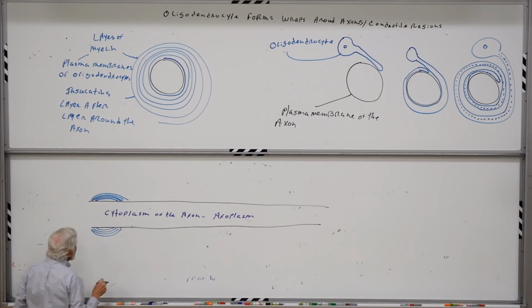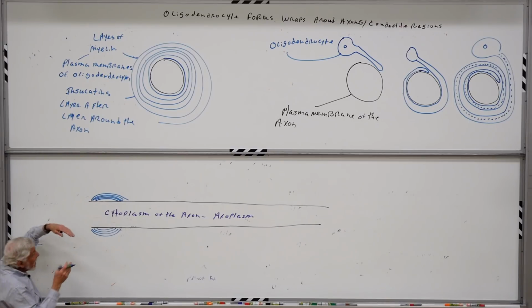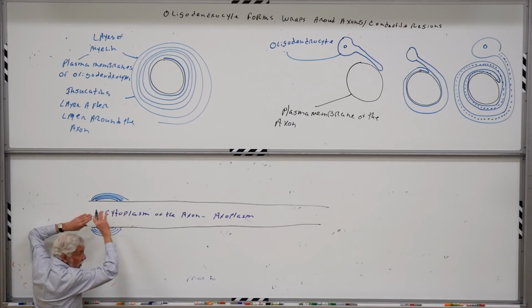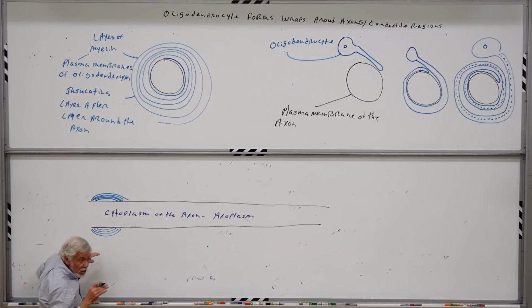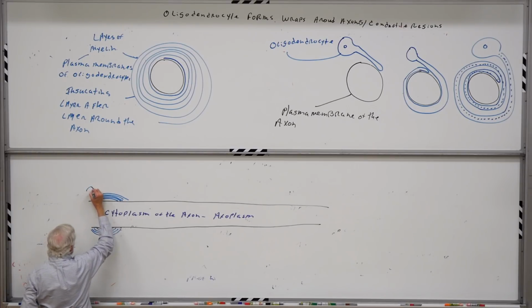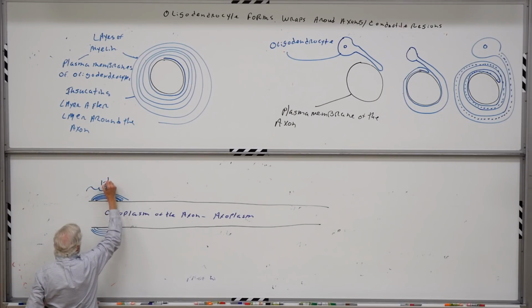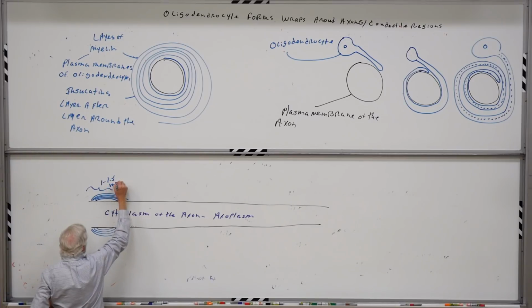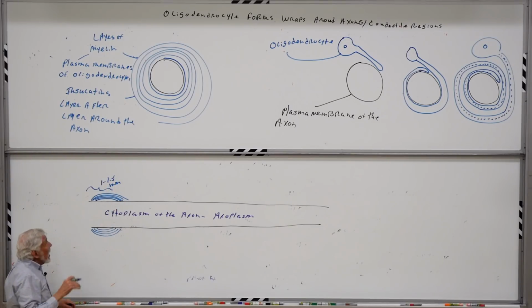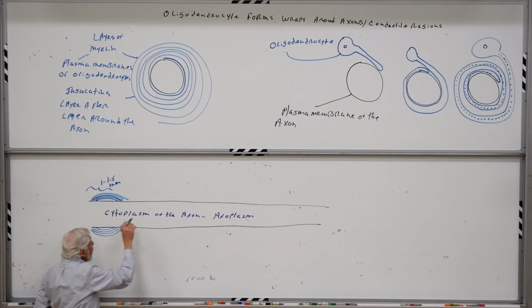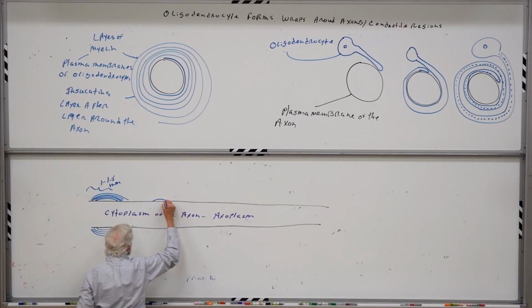And what we find is that if we think about the distance along the axon that these oligodendrocytes extend, this distance is in the neighborhood of 1 to 1.5 millimeters. And then at these intervals of 1 to 1.5 millimeters, we see there's a break in the myelination.